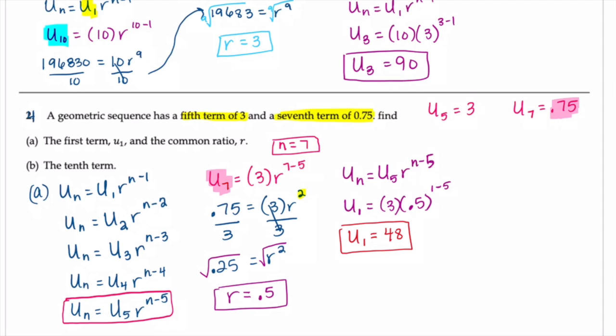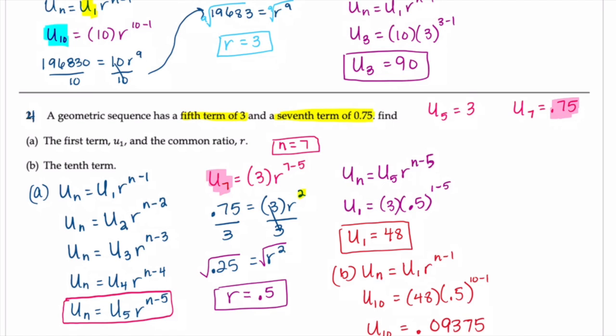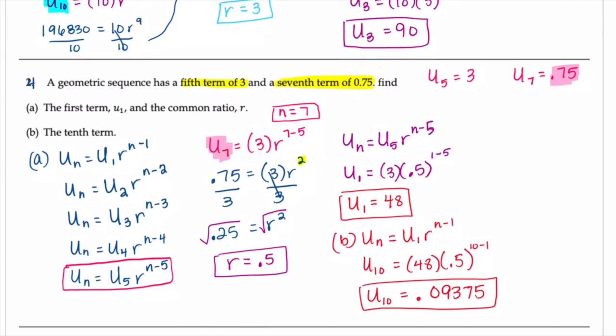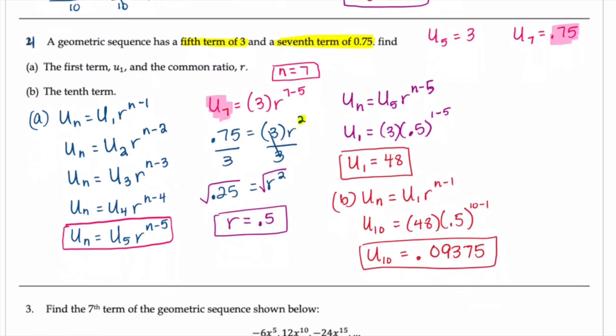For part B, now that I have the first term and the common ratio, I can use the original formula to find the 10th term. And my 10th term is equal to 0.09375.